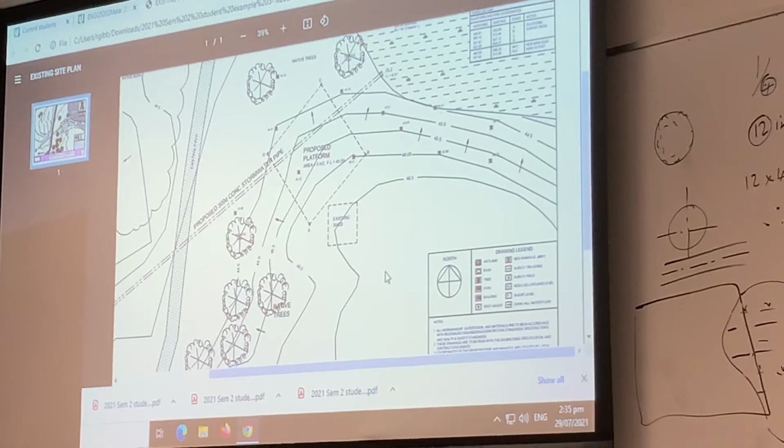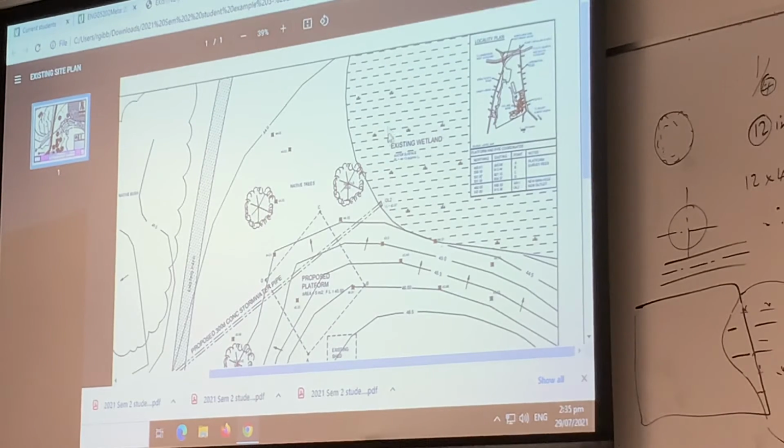I did say every second dash should be a grass, and they've done 1, 2, 3, 4, 5, 6, 7 dashes to the grass, and that is way over the top in terms of the hatching for that particular job.